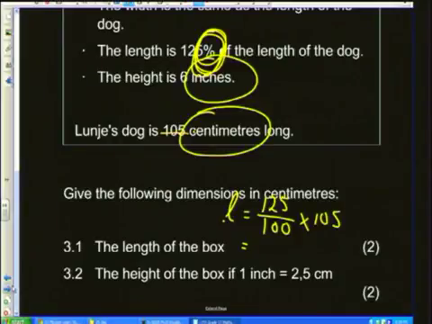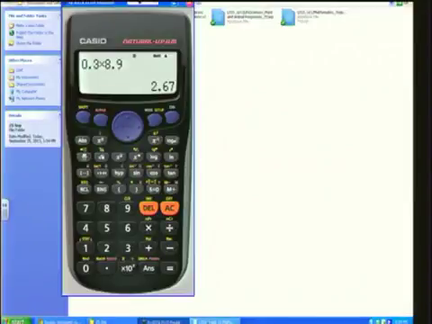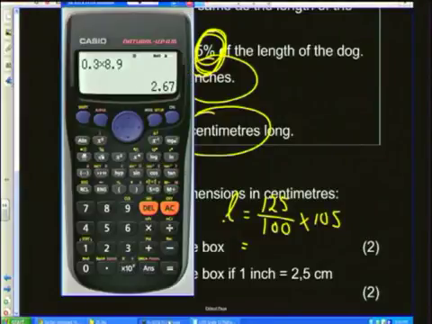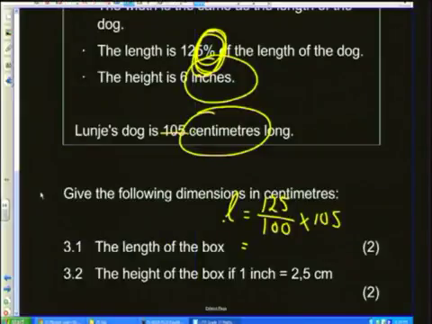And let's do this. Okay, so we take out our calculator. There we go, there's our calculator. And we're going to say now, we've got fraction button 125 over 100 multiplied by 105. And we get our answer, and our answer is 131,25.